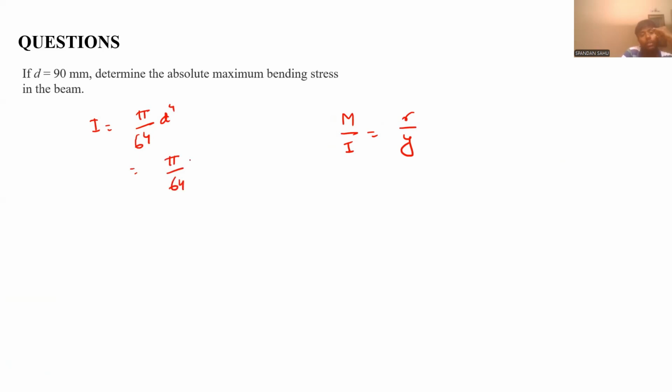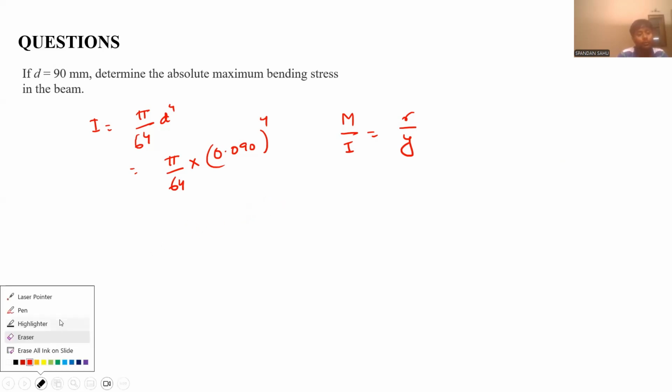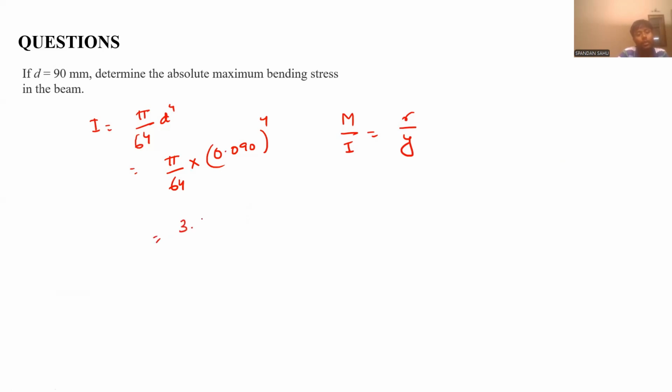So you just substitute d. They have given 0.090 meter. So pi by 64 into 0.09 into 0.09 into 0.09. So we are getting 3.22 into 10 power minus 6 meter power 4.